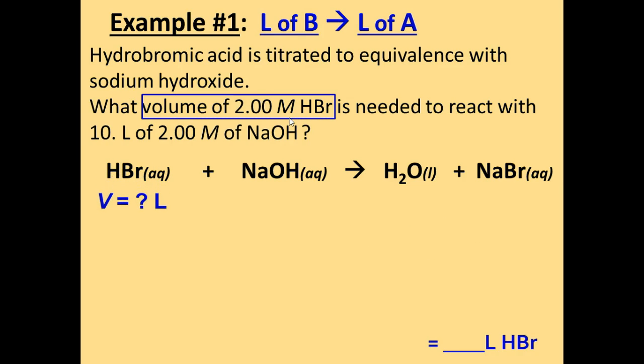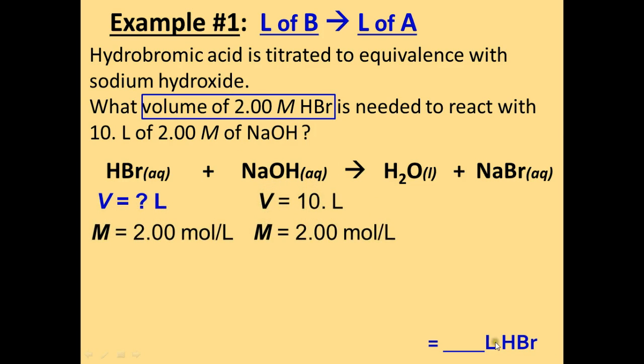So we have 2 moles of HBr, that's the molarity, and we need to calculate volume. So off to the side you can write that we need liters of HBr. So until we see that in our formula, we're not done. And we have the volume of the NaOH, and we have the molarity of NaOH. So we have these 2 knowns, and we need to solve for this.